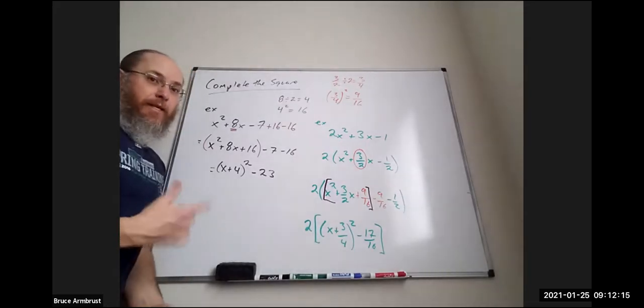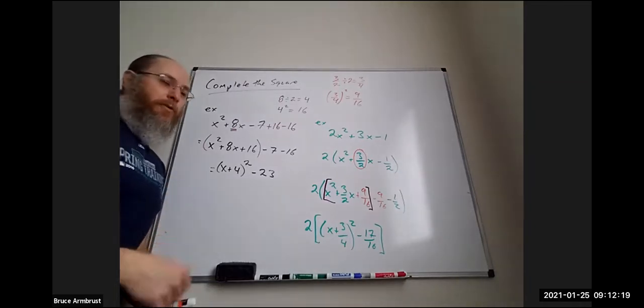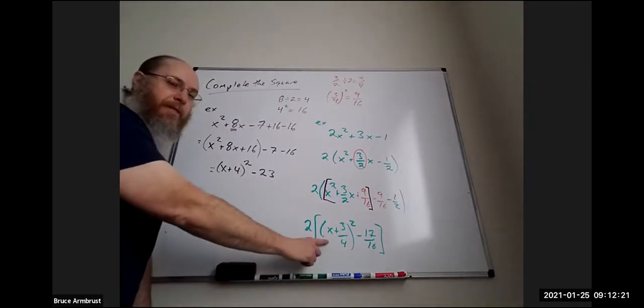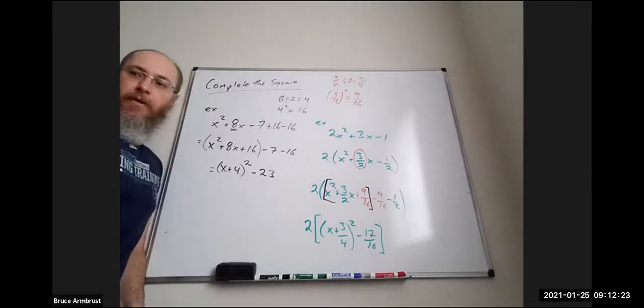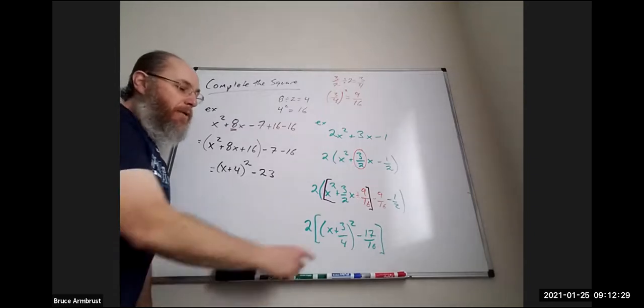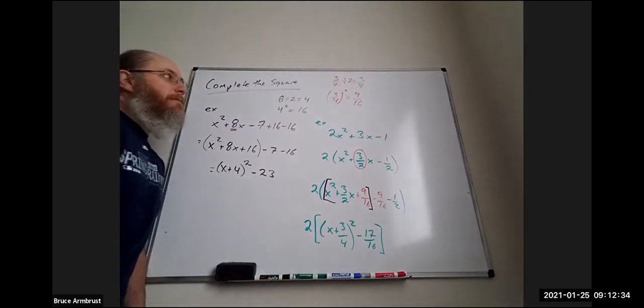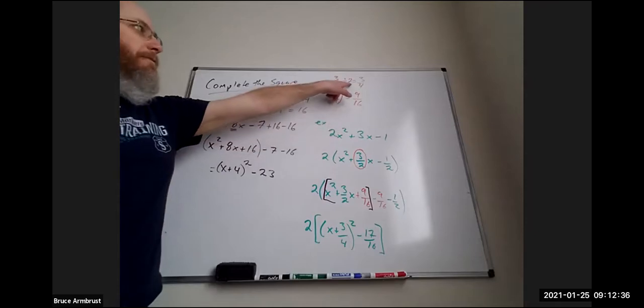Before I leave this one, I just want to either remind you of or tell you the shortcut for figuring out what's in the parentheses here. You might have seen this because the pattern is definitely there. What you add or subtract from x is what remains after you divide by 2.